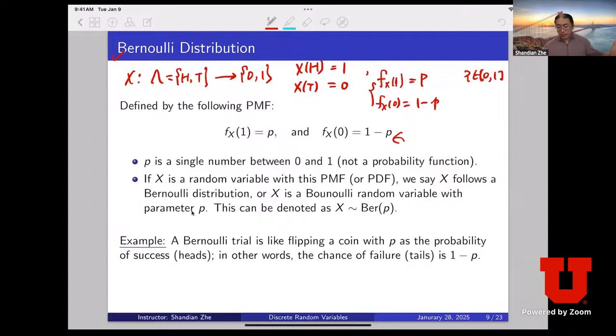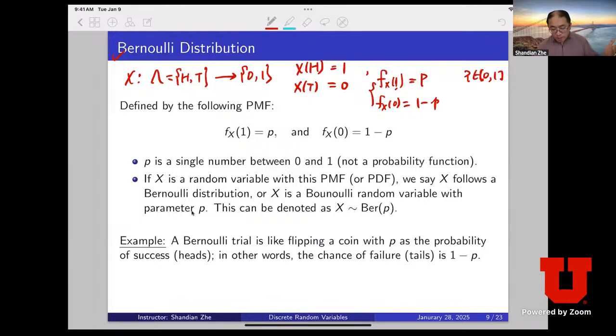What this means is that the probability mass function evaluated at 1 will be some number p. This is a probability. Why? Because p is between 0 and 1, right? And the probability mass function evaluated at 0 will just be 1 minus p.